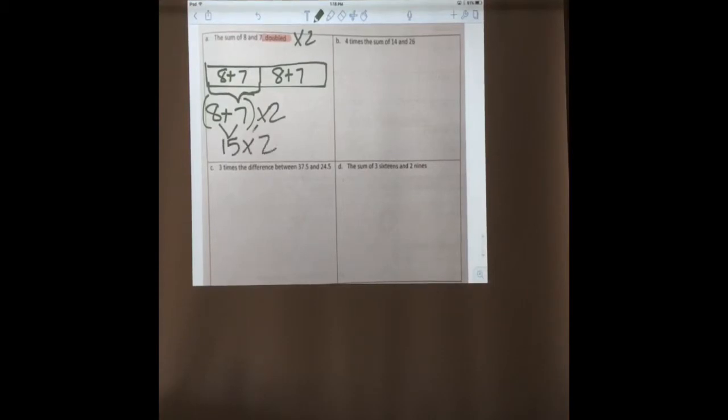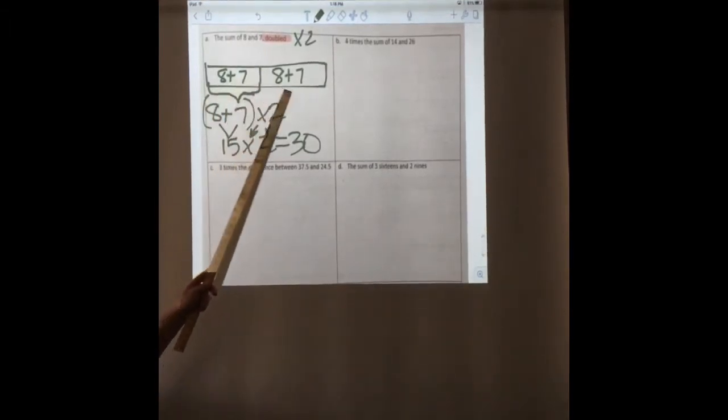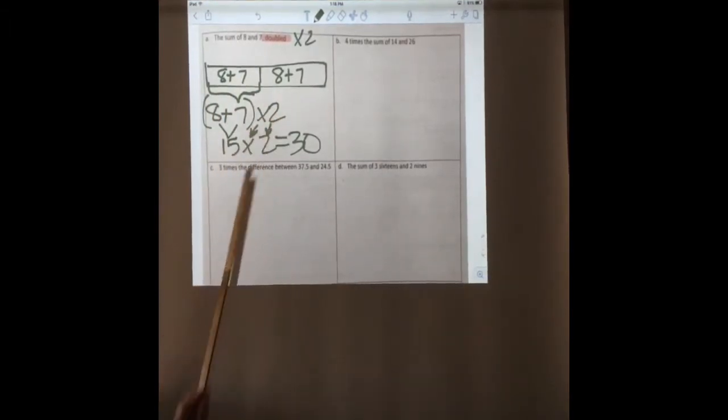Times 2. We bring down our multiplication sign and our 2. 15 times 2 is what? 30. Nice job.